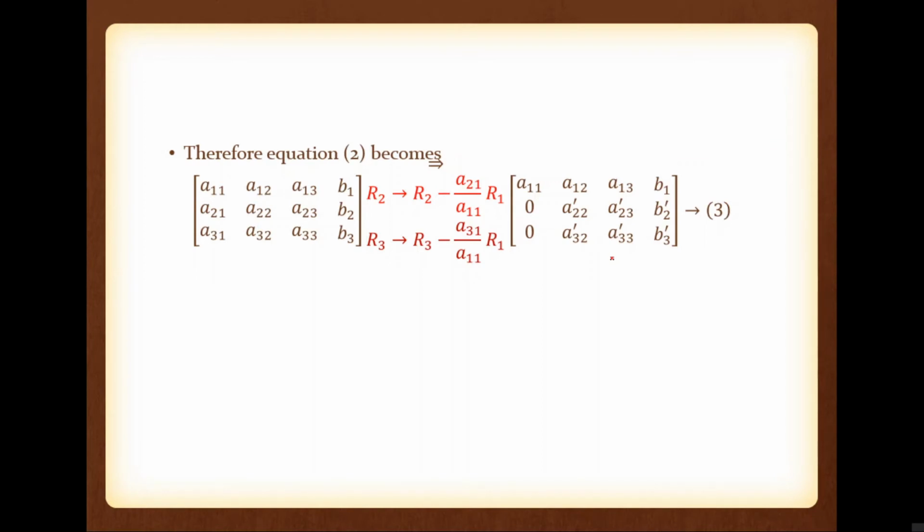Now, during the second elimination, we are removing the coefficients of x2 from third row onwards. So here, this one is a 3 by 3 system, so it will have only 2 eliminations. If you have a 4 by 4 matrix, then third elimination is also there. So what will be the third elimination? Removing the coefficient of x3 from fourth row onwards.